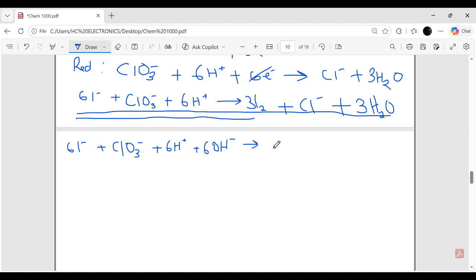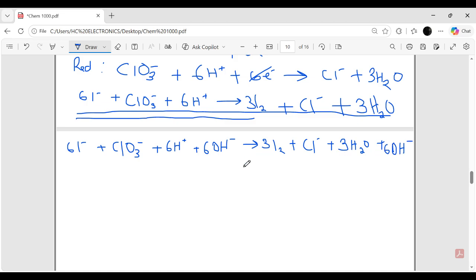Then this side again, it's going to be 3I2 plus chloride, plus 3H2O, plus the hydroxide ions again on this side, which are 6 to balance everything.